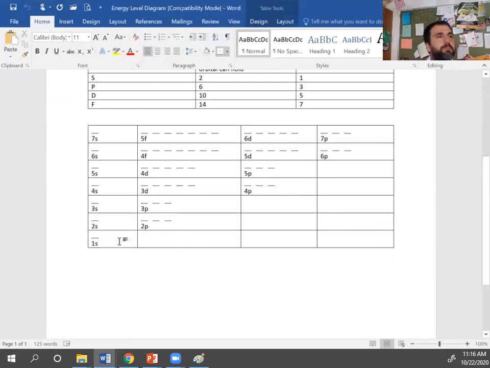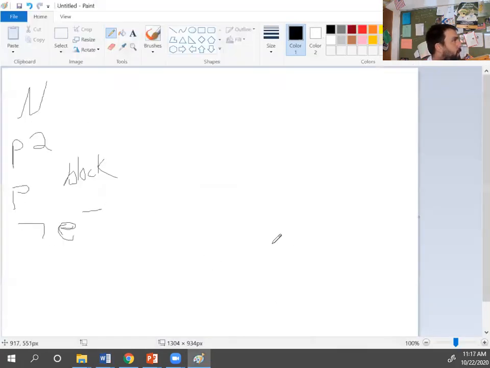Up to period 2, and which block am I going to? What block is nitrogen in? P block. So I'm going to draw all of these spaces just like this. You're not going to draw on that piece of paper I gave you; you're going to draw somewhere else. 1s had 1 space, 2s had 1 space, and then 2p.